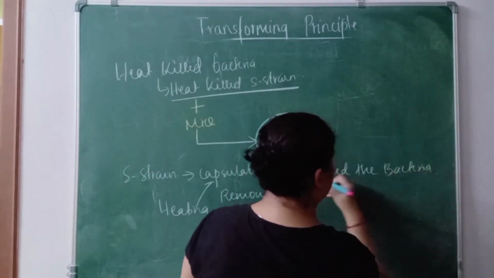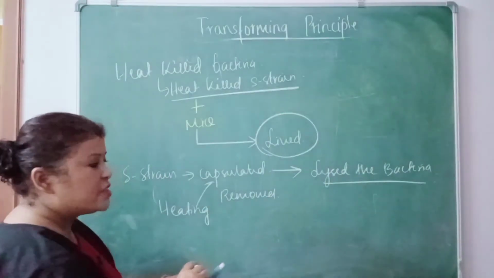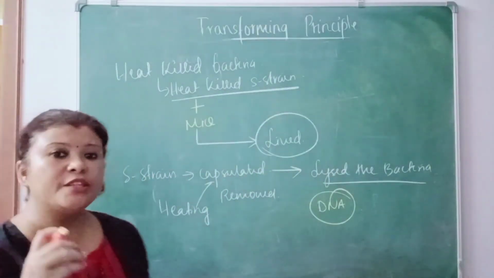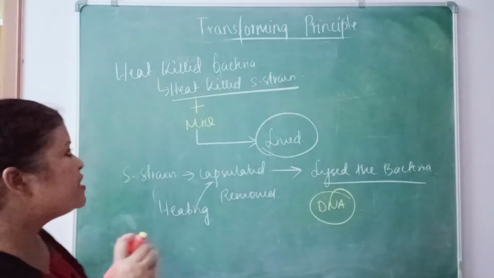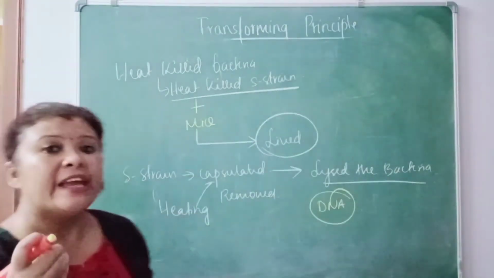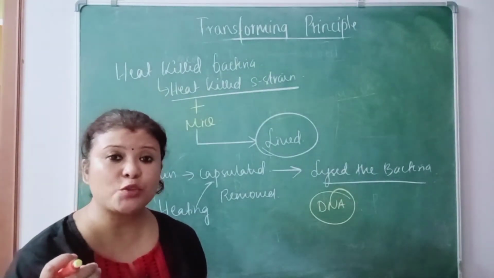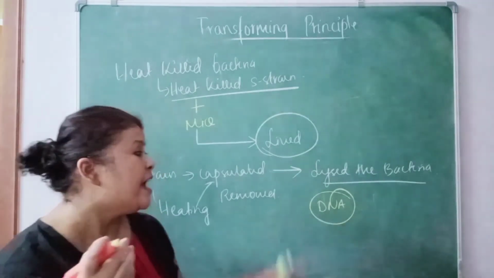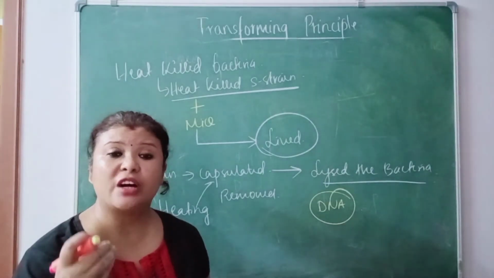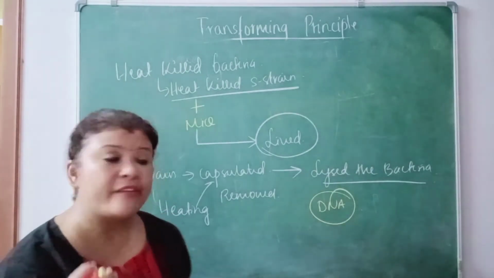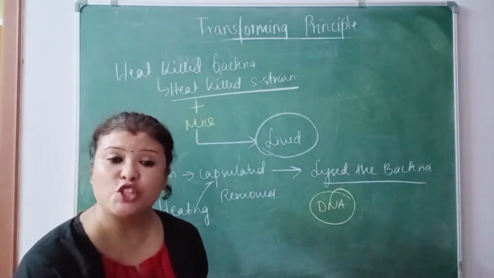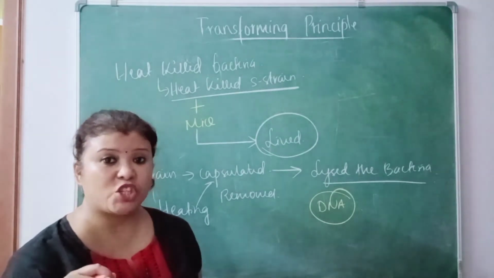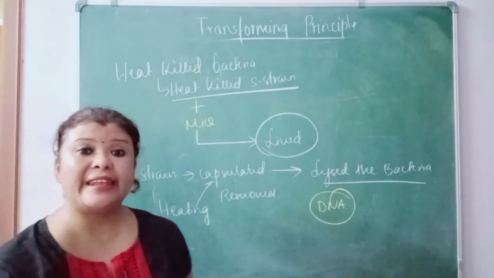So only the DNA was remaining. Since only the DNA was remaining, this DNA was not able to kill the mice, neither was it able to cause the disease, because the DNA did not receive a compatible host where it can carry out its function and cause the disease for which it has the information. That is why the mice lived.